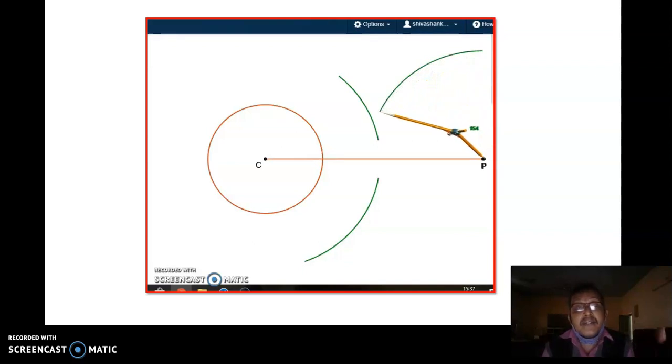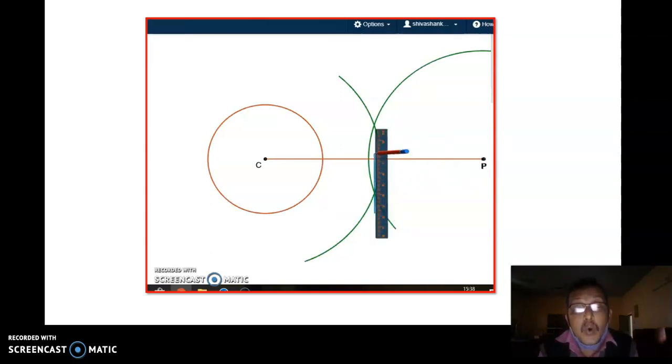They intersect each other. So join those points. Then that is the bisector of CP. That bisector cuts at point, say O. So O is the midpoint of CP.